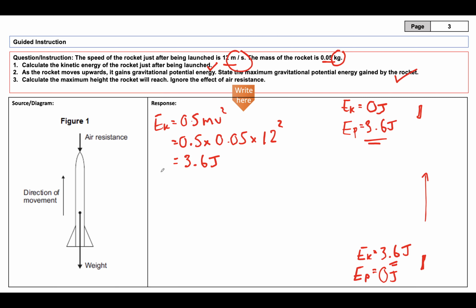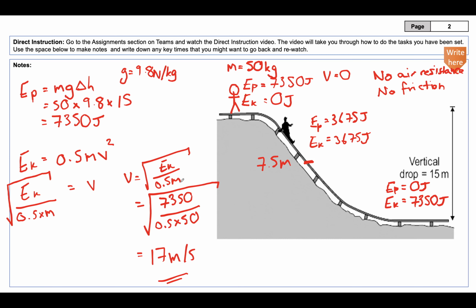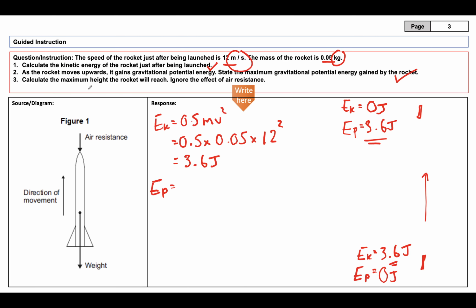So I'm done with my kinetic energy equation now. I think I'm going to need to use the other equation, which was my potential energy equation. If we check our data sheet, our potential energy equation is mass times gravity times height. So mass times gravity times change in height.